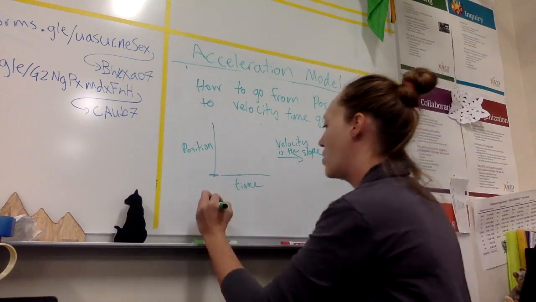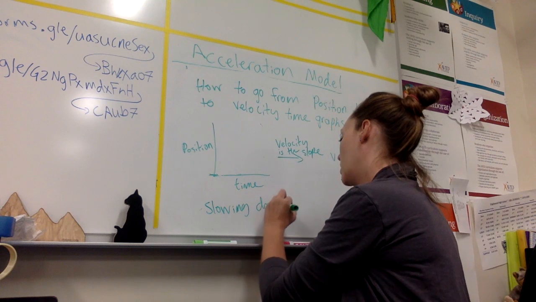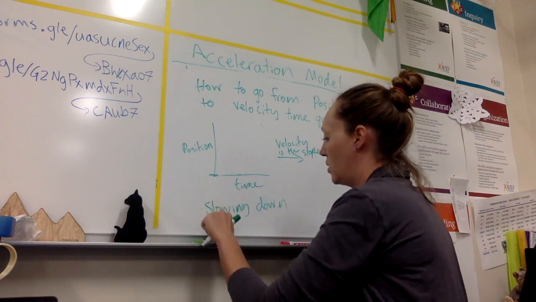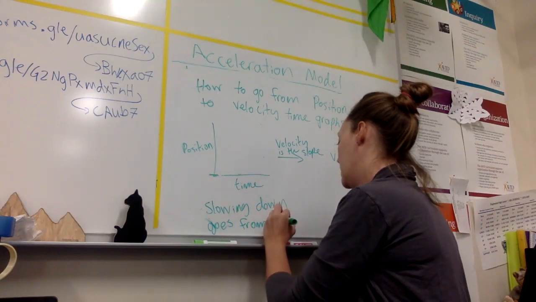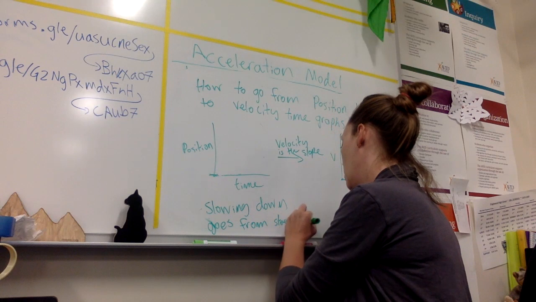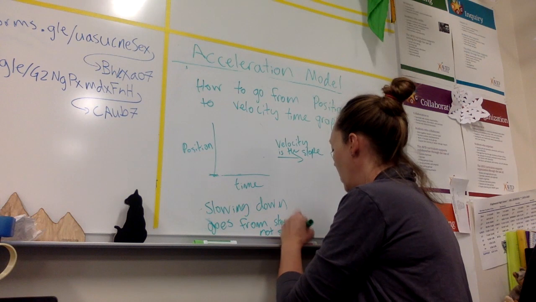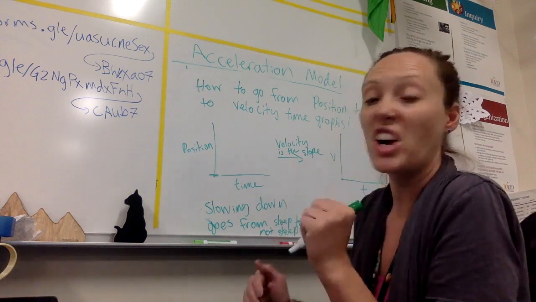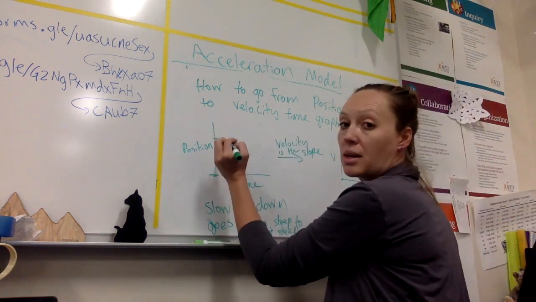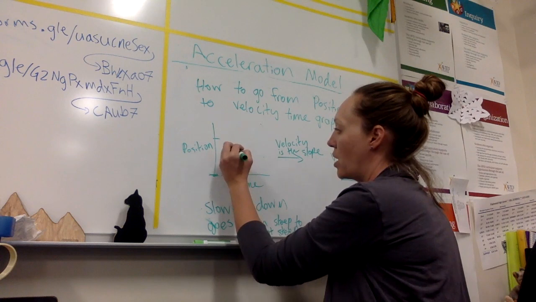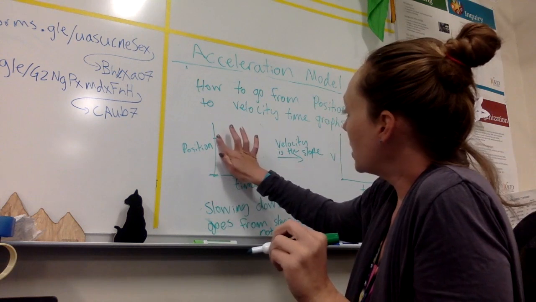So slowing down goes from steep to not steep. And I don't want to give it away, but you would start out over here as maybe your 0 up here, and then start getting more and more steep as time goes on. So try to see if you can predict that.